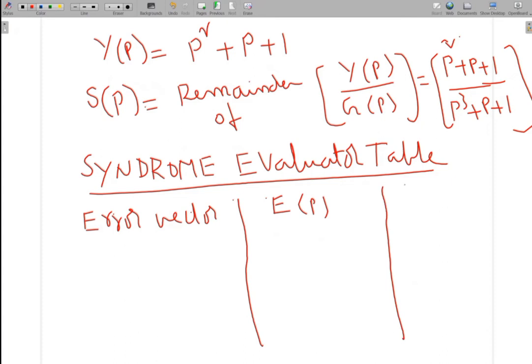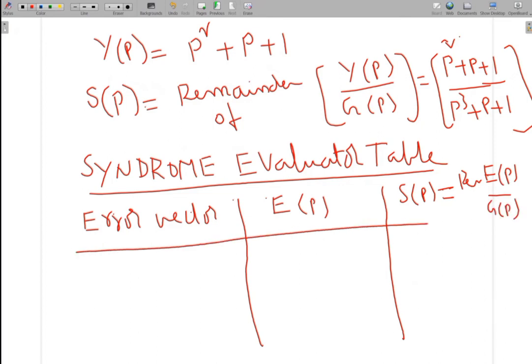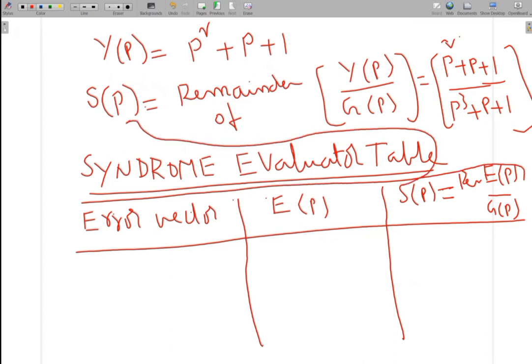Next one is S of p is equal to the remainder of E of p by G of p. This S of p is compared with this S of p. These two are equal. So options are there. At that instant, find out E of p.